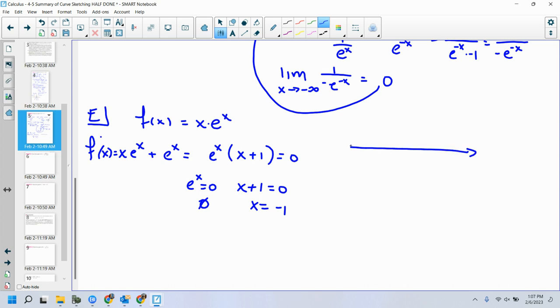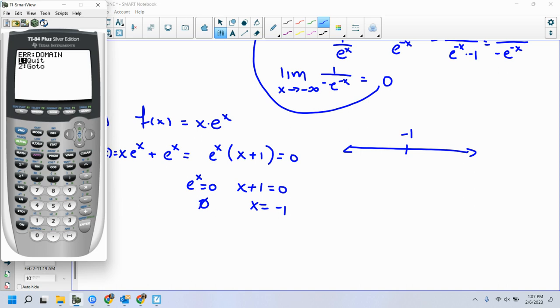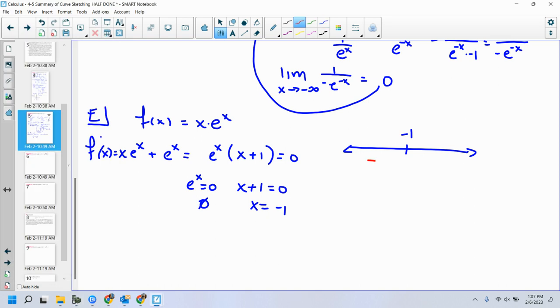Let's run our increase-decrease test. Now we go back in here, remember, right? So we go back into our derivative. Let's plug in -2. So we got e to the -2 times -2 plus 1. So -1. Negative. And I'm guessing the next one's going to come out positive.